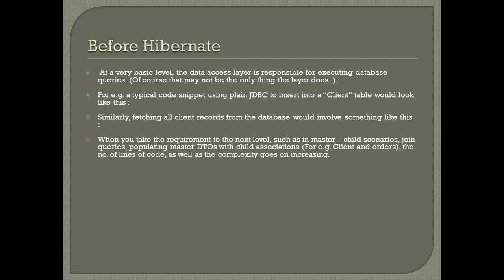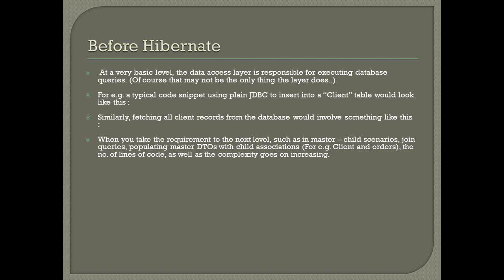The other thing is, say you have 3 or 4 tables, you're going to have lots of queries. And suppose you take a very basic scenario where you're developing a product in an agile methodology where you keep adding functionalities to a product, you're always going to have this situation where you need to keep adding columns to your database tables, modifying columns, etc. Whenever you make changes to a database table or add a column, when you're using plain JDBC, there are lots of places where you have to go and make changes.